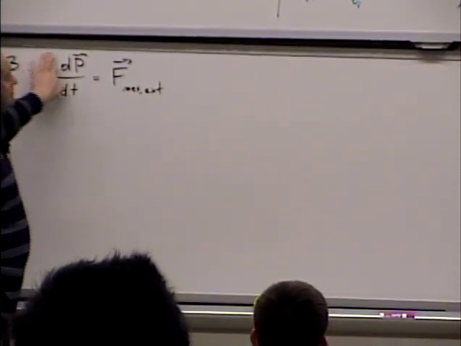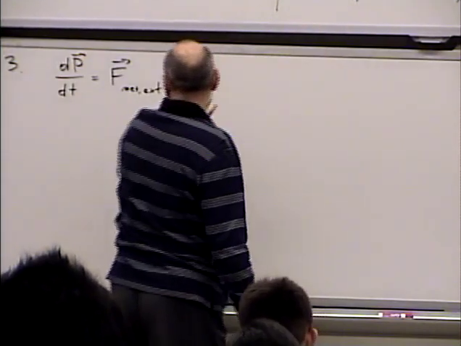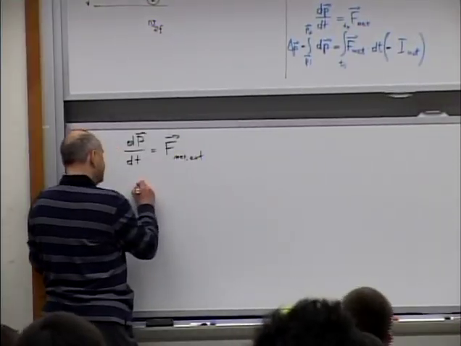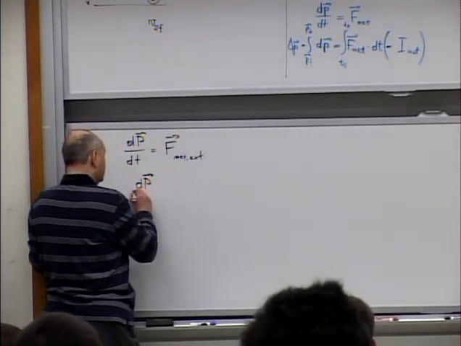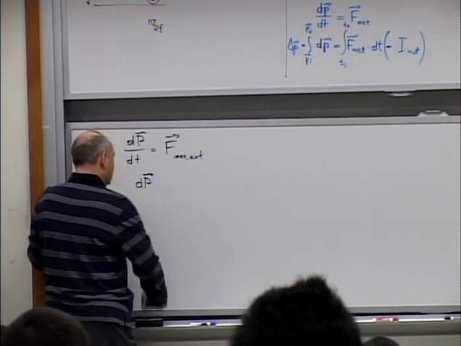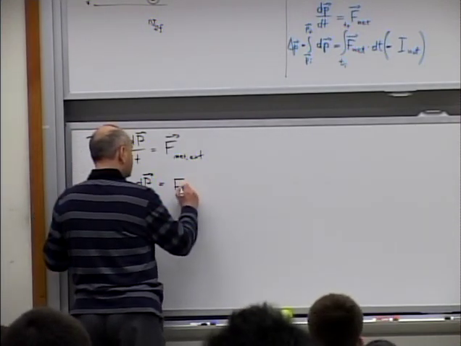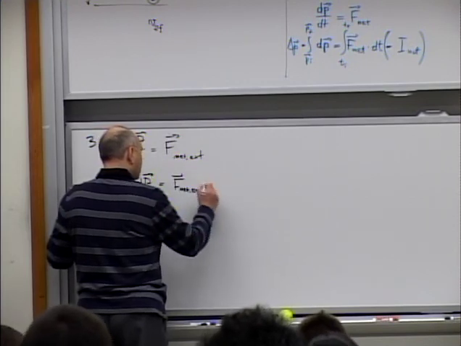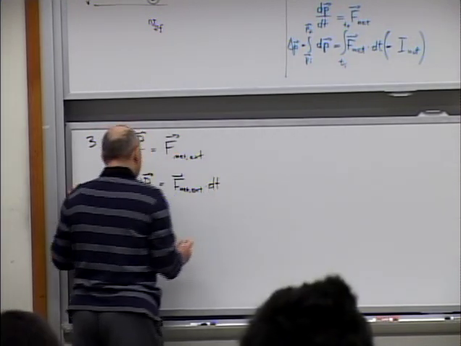Now, this calculation will be very similar to that one. So first thing which I'm going to do is I recognize that differential change in the total momentum of the system is equal to net external force multiplied by differential time.